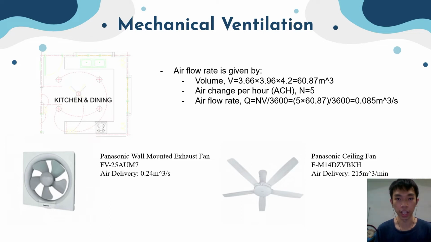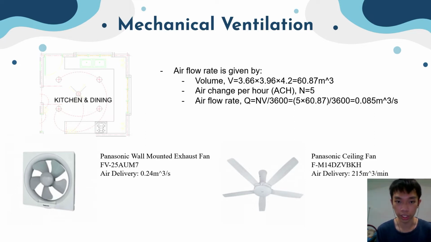First, we calculate the air flow rate of the kitchen and dining area. The volume of the kitchen and dining area is 60.87 meter cube. The air change per hour will be 5. Air flow rate will be 0.085 meter cube per second.